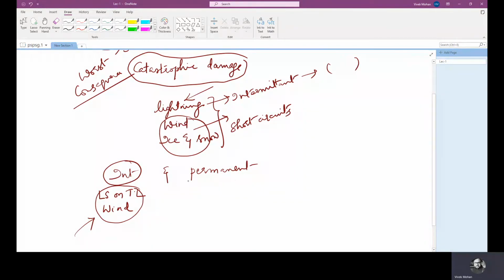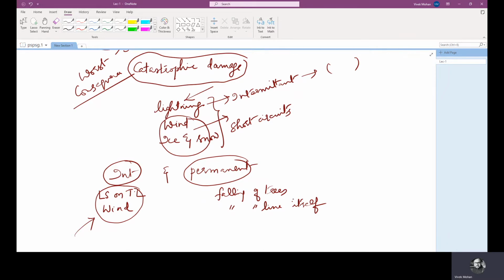Now, what about permanent faults? Permanent faults are mostly physical damages, like falling of trees, then falling of the line itself, and so on. The protection system should quickly sense and isolate the faulty components to minimize the damage.